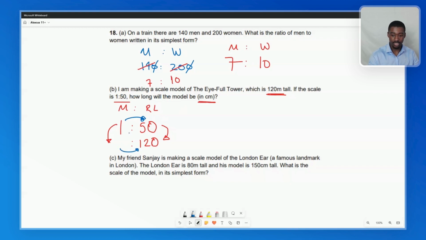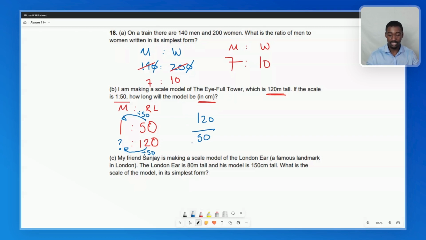In this case, it may be easier to make it consistent horizontally, because we know we're trying to work out this value here. But we also know that going from 50 to 1, we divide by 50. And therefore, going from 120 to our mystery value, the scale height of the Eiffel Tower, we're also going to divide by 50. So really, to work it out, all we do is 120 divided by 50.